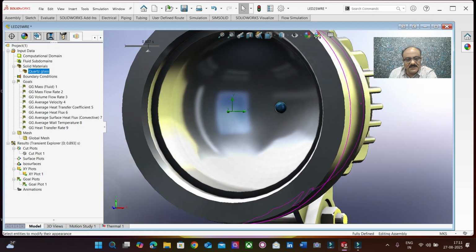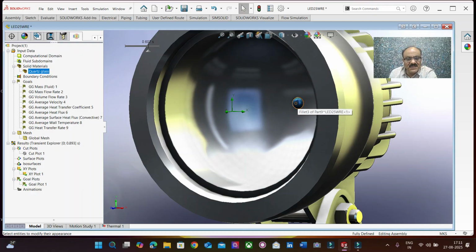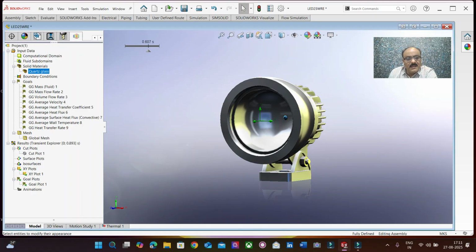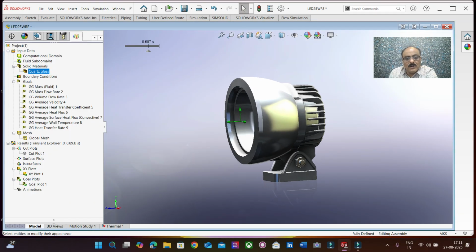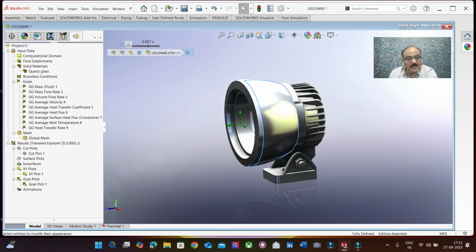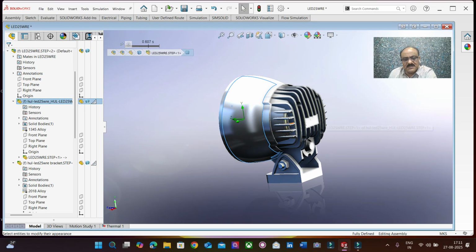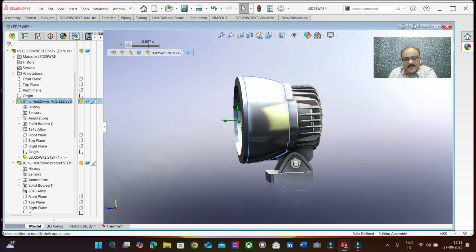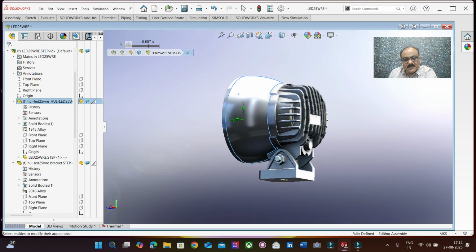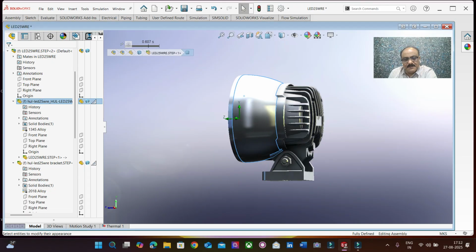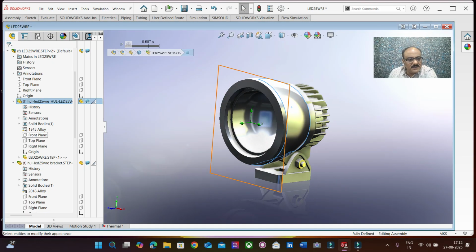I have also already defined the materials for the heat sink, that is the fins, and the projector lamp head part as well as the tail part. Both are made of 1345 alloy, an aluminum alloy.